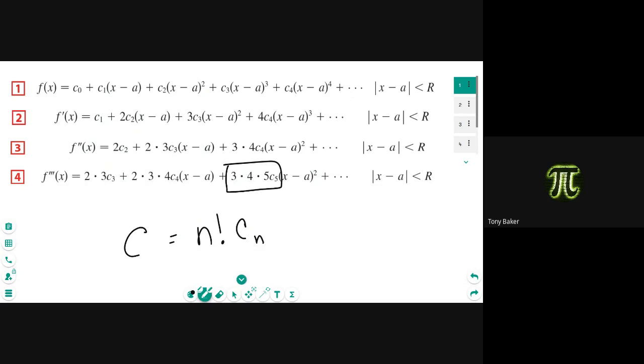So this c is this part right here. That's f of a to my nth power, the nth derivative, and I would divide it by n factorial. And that's going to be whatever the coefficient is in front.